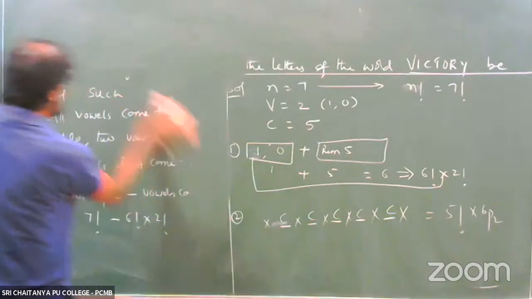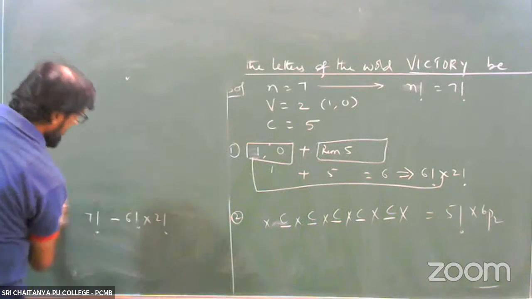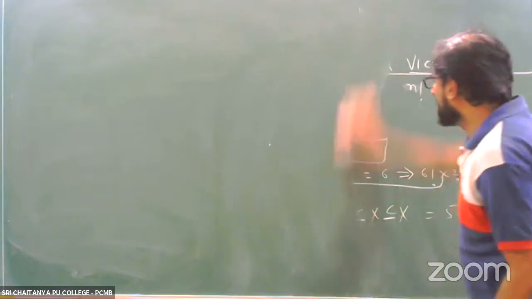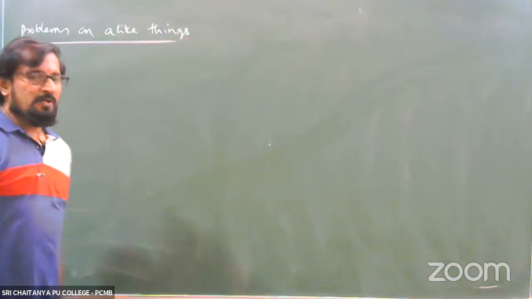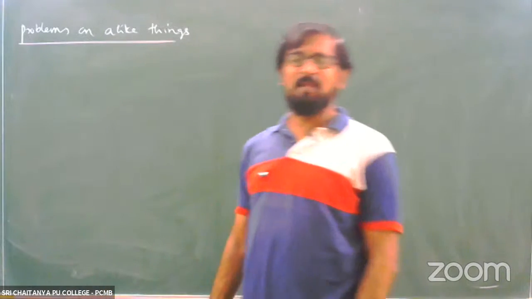Now the third concept of linear permutation is alike things, problems on alike things. What is the meaning of alike? Alike is nothing but similar.